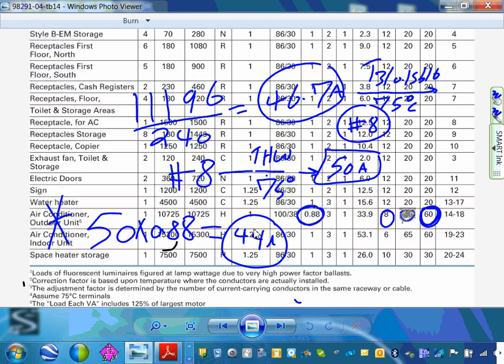Is yours 60? 45? This is from the manufacturer. But then you multiply, then you compare the two. So 44 and 46. Then you have to go, and he stayed with size number 8, didn't he?